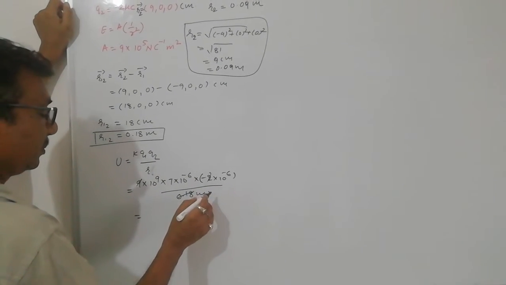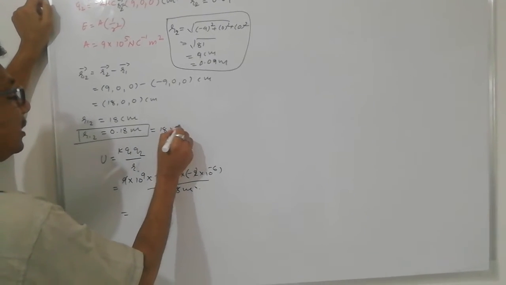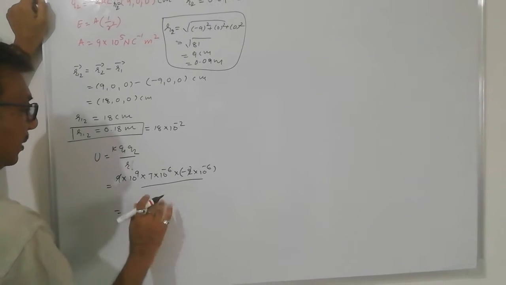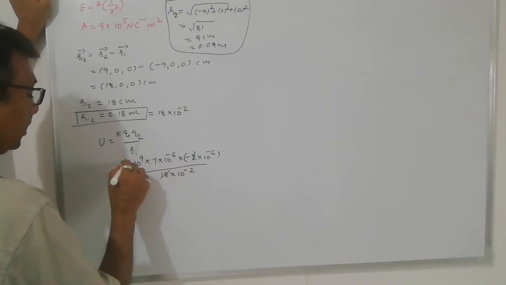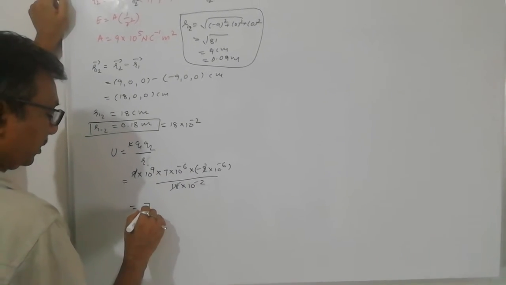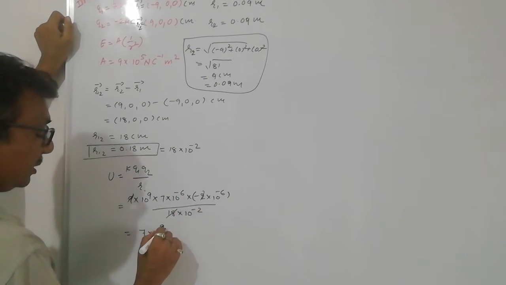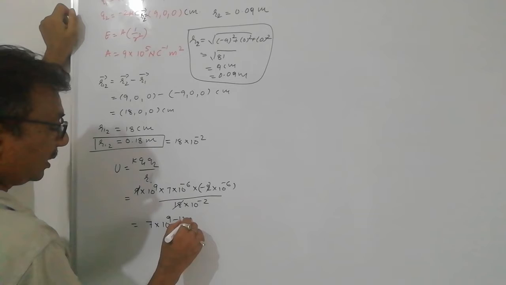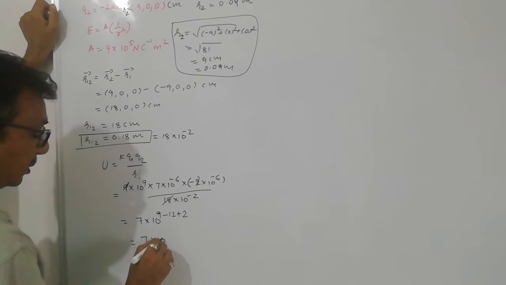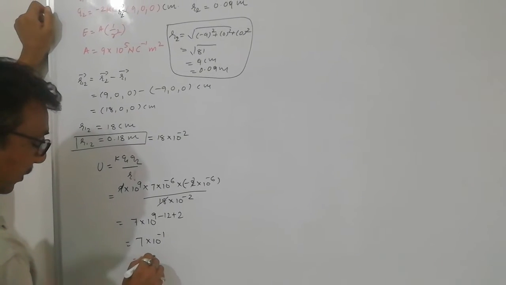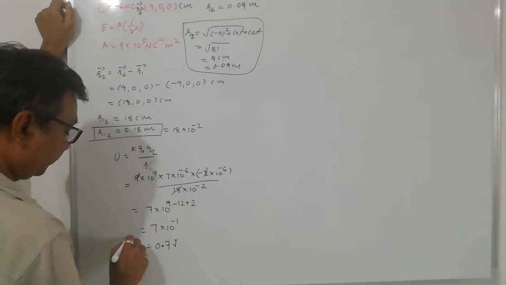Here I can write 18 into 10 raised to minus 2. 18 can be cut. So 7 into 10 raised to 9, minus 6 and minus 6 makes minus 12, and this plus 2 will come. So 7 into 10 raised to minus 1, so 0.7 joule is your result U.